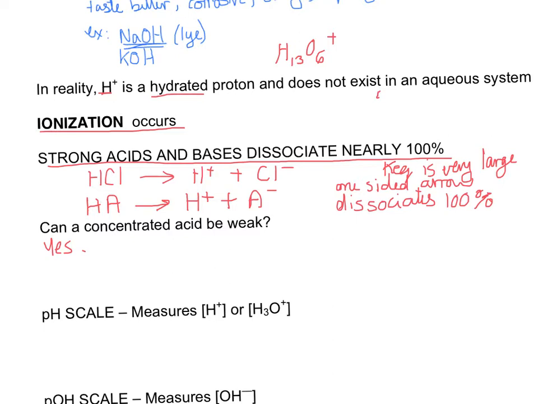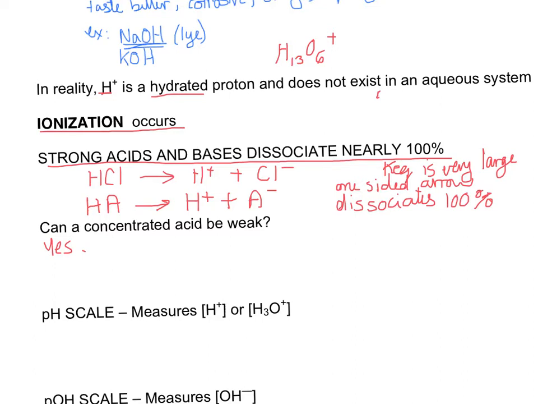A weak acid means that it only partially dissociates, so only a little bit of it dissociates. Vinegar, for example, acetic acid, is a weak acid. If I have a really high concentration, let's say 10 molar acetic acid, or even pure acetic acid, that will not 100% dissociate. So that's what it means to have a weak versus a strong acid.